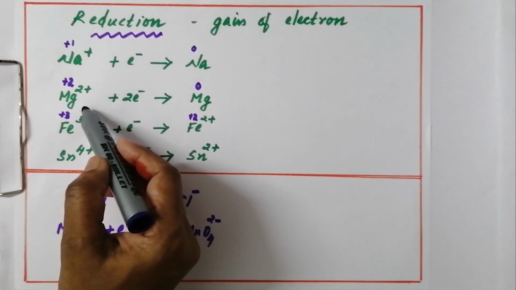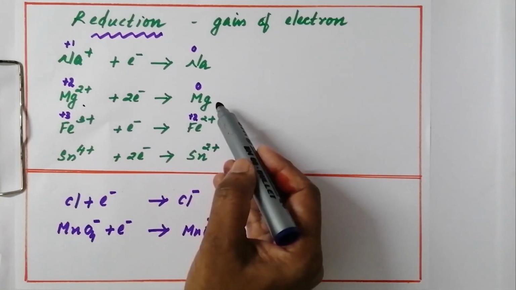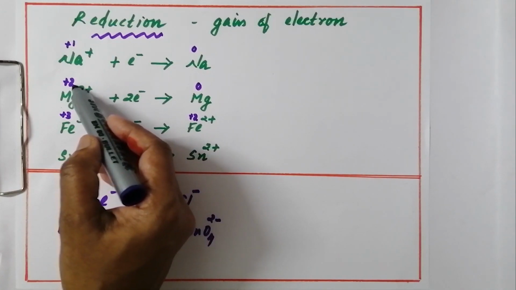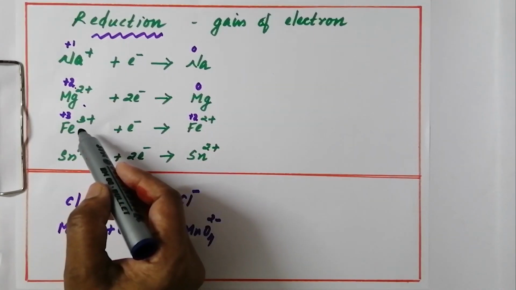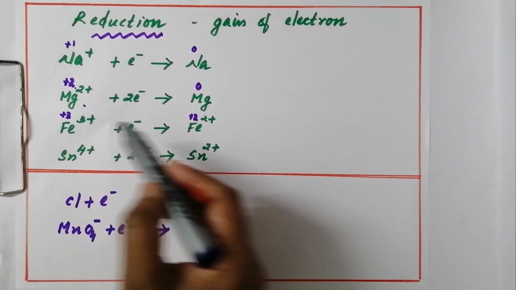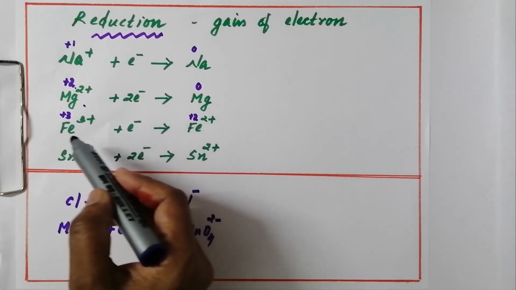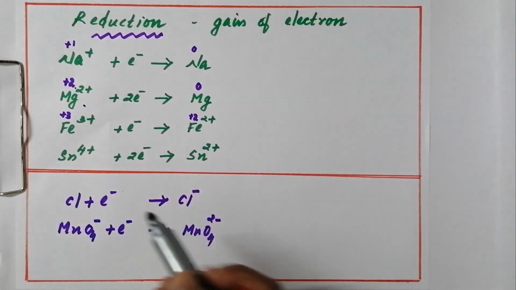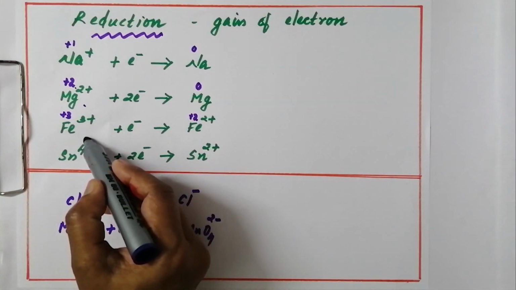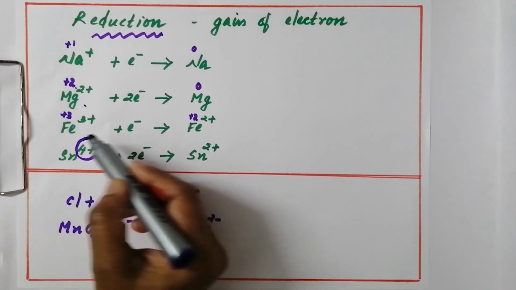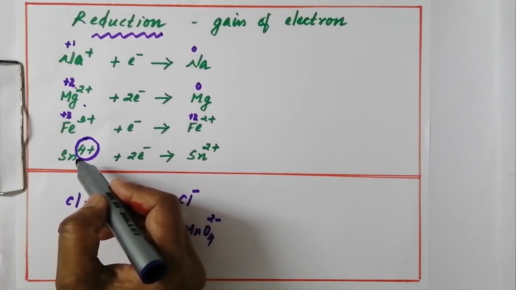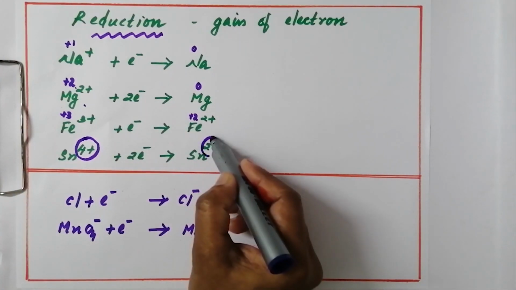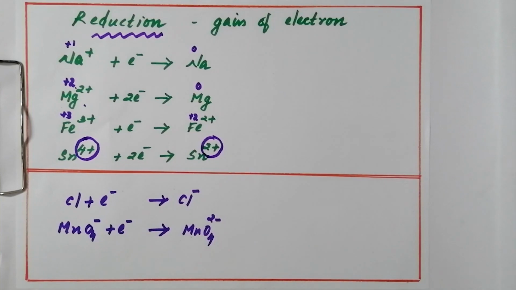In the second example, Mg2 plus is reduced to Mg, and we can say that the oxidation state is decreased from +2 to 0. And during the reduction of Fe3 plus to Fe2 plus, the oxidation state or the oxidation number decreases from +3 to +2. And here also we can see the oxidation state of Sn4 plus, that is 4 plus to 2 plus, there is a decrease in the oxidation state or oxidation number.